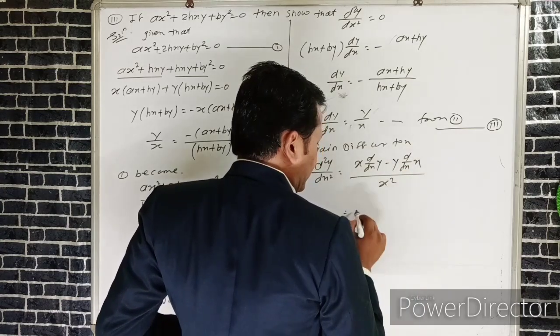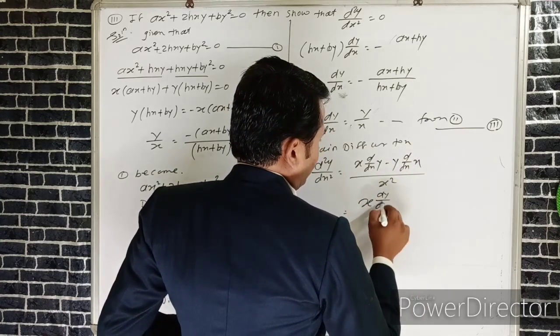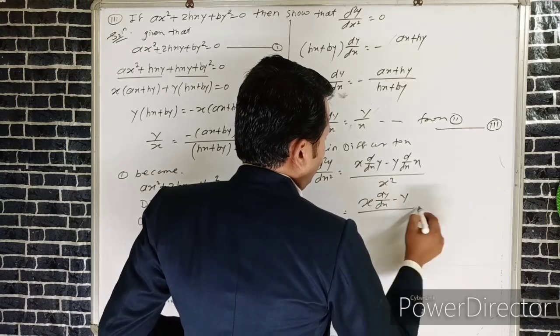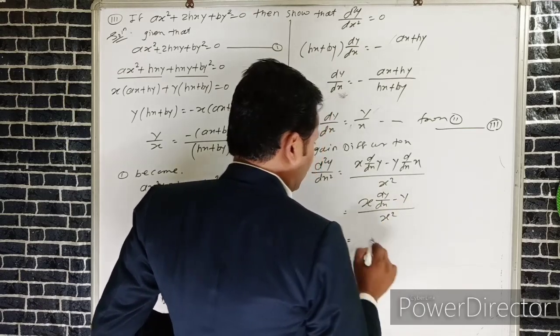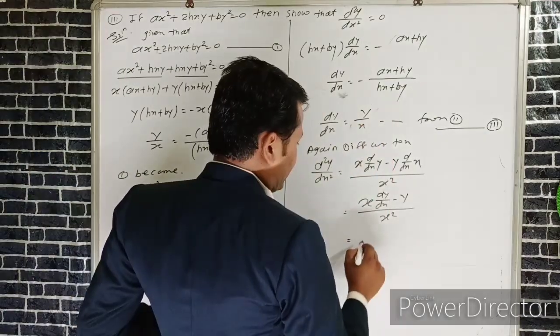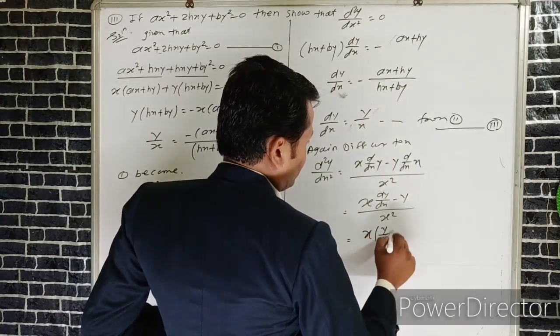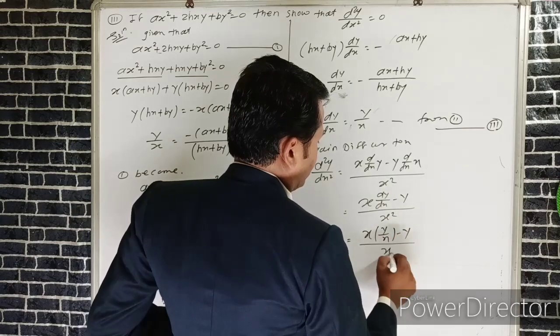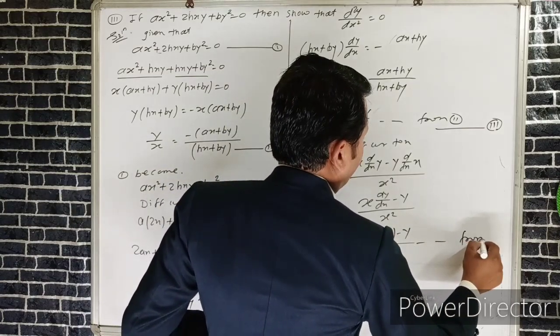We can write it as x into dy by dx minus y upon x square. We know that dy by dx is y by x. We can write x into y by x minus y upon x square. We write this from 4.